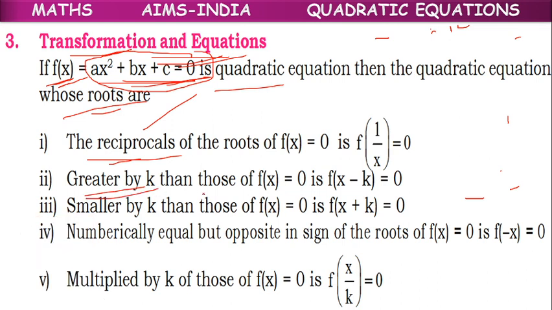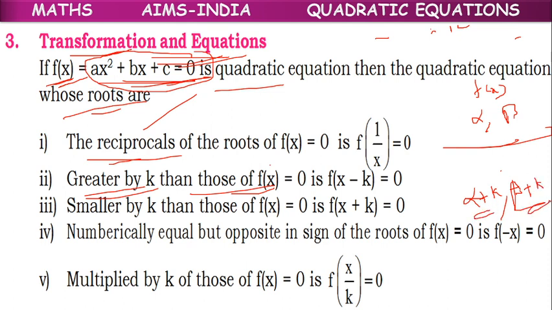Roots greater by k than those of f of x: for f of x, if roots are alpha comma beta, we have one equation whose roots are greater by k, meaning alpha plus k, beta plus k. If the roots are transformed like that, then what will be that equation?